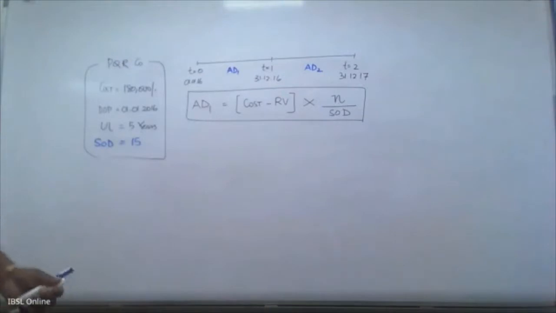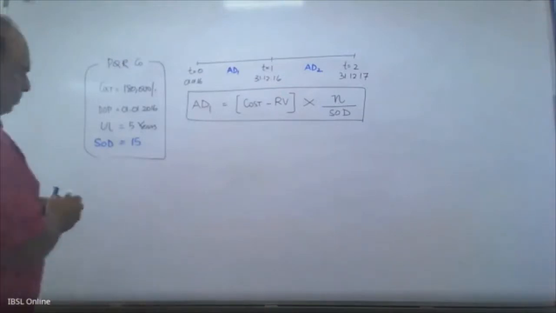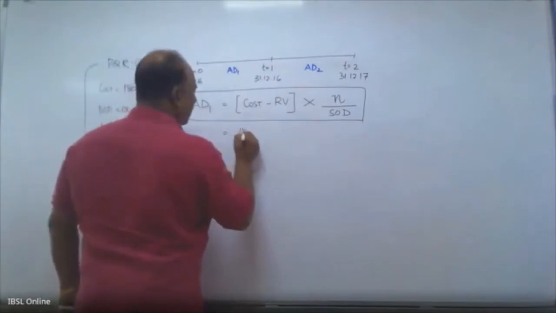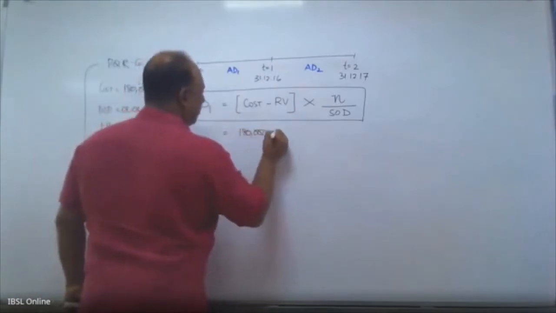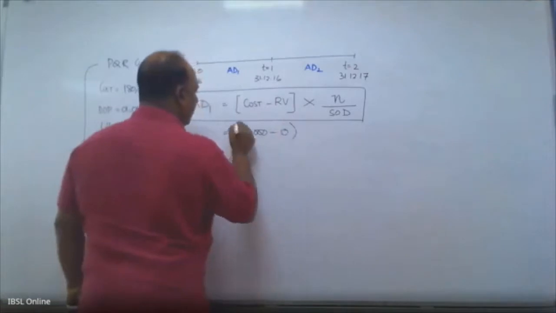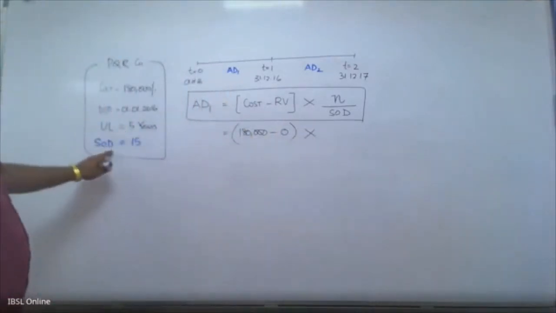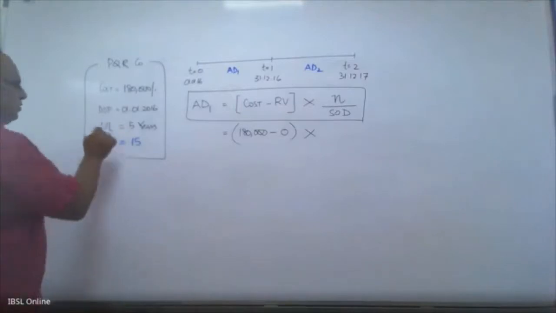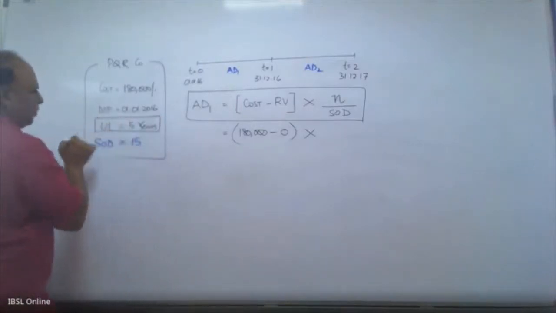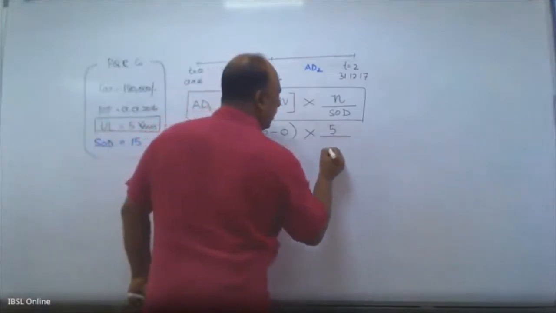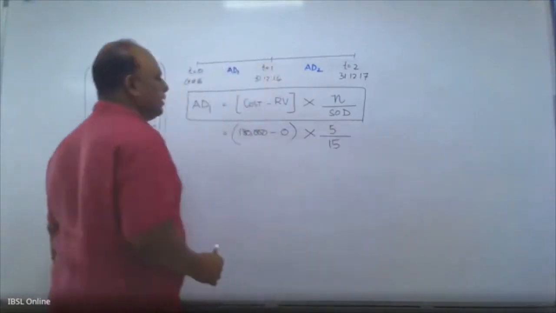Okay. So here, when I calculate 180,000 minus 0, the residual value, into what is n? N is 5 here, the useful life, divided by sum of digits, which is 15.